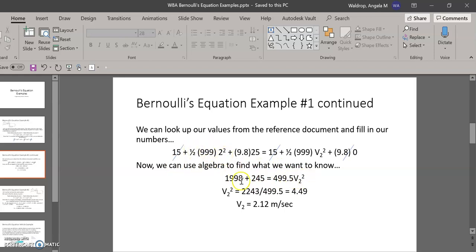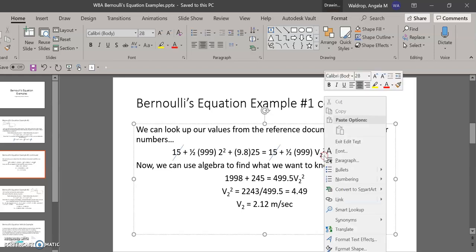So I simplify this term to 1998. I simplify this term to 245. And I'm simplifying this term to 499.5 V2 squared. Then I do some algebra, and I find out that my velocity at point 2 is 2.12. Sorry, my velocity should be at point 3.